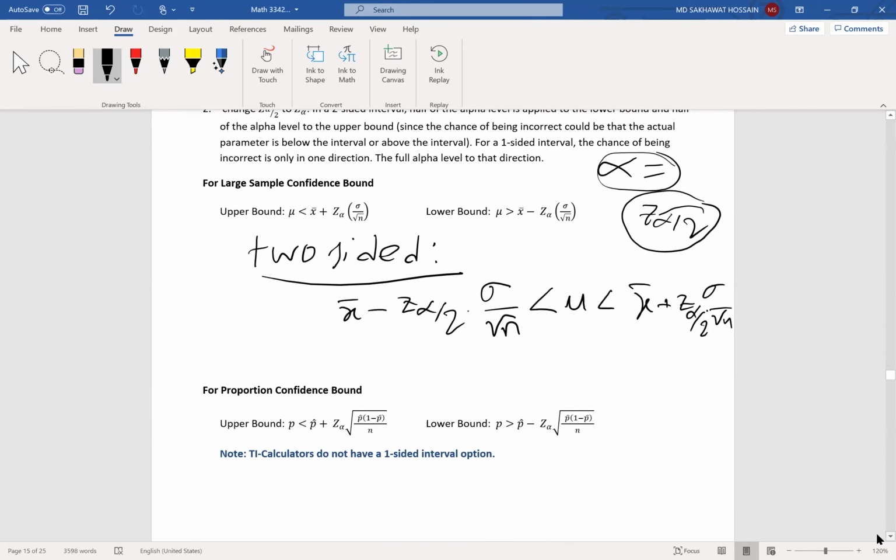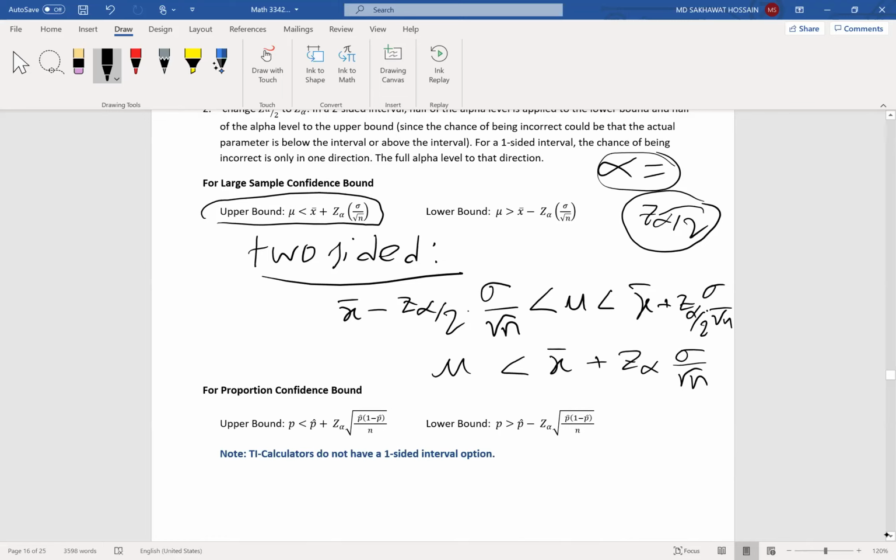For one-sided, if we just want the upper confidence bound, then it will be mu less than x bar plus z alpha, not z alpha over 2, times sigma over square root of n.